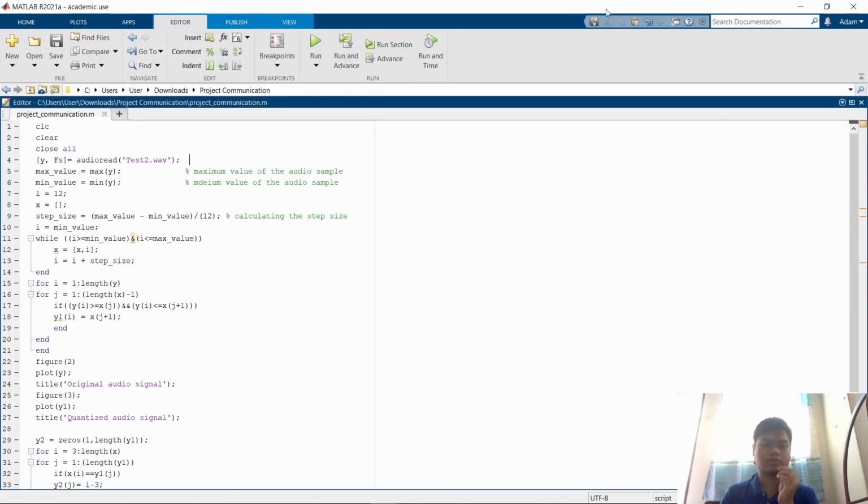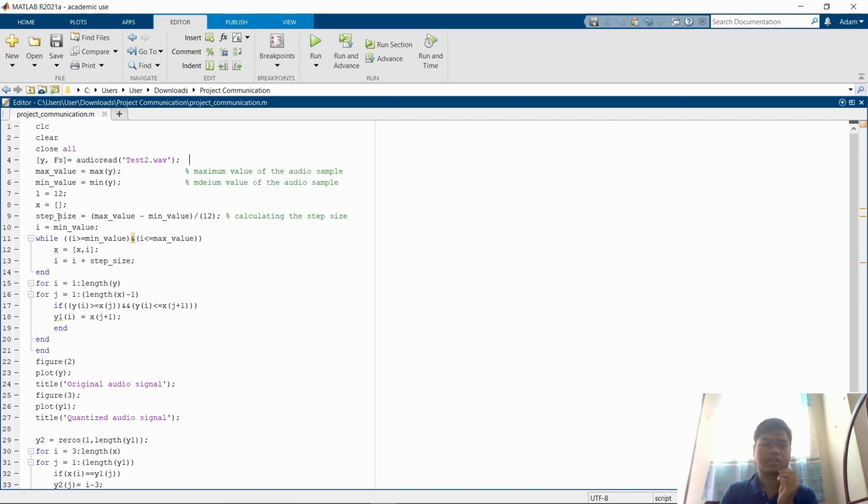Okay, this is the coding for our project for the QAM. Line number 4 is for audioread test2.wav. This is to store the audio in our coding. Then line number 5 and line number 6 are for the maximum value of the audio sample and the minimum value of the audio sample.